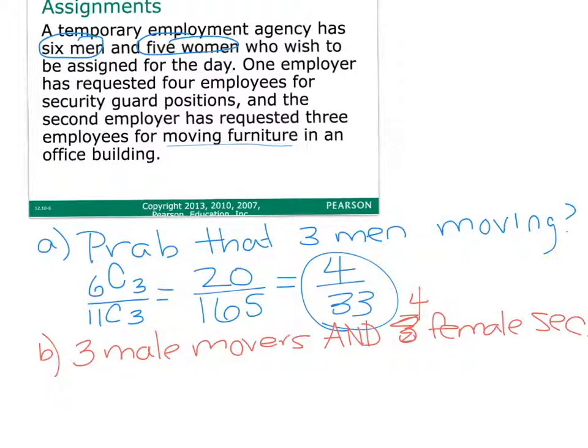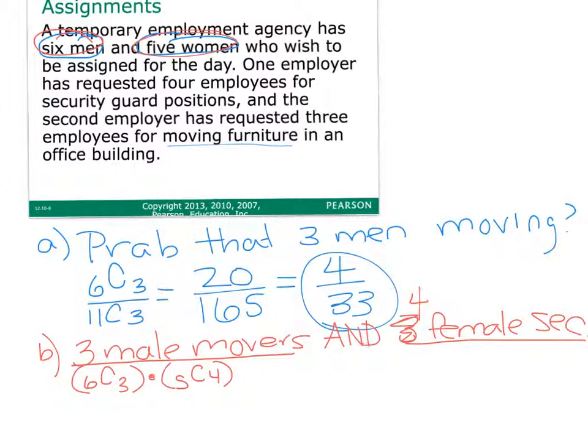Okay, so first we have our 3 male movers. So again, there were 6 men. We're going to select 3. So that would be 6 combination 3 for our 3 male movers. Then we want 4 female security guards. There's 5 women. We want to select 4, so that would be 5 combination 4 for the number of ways we could choose security guards.